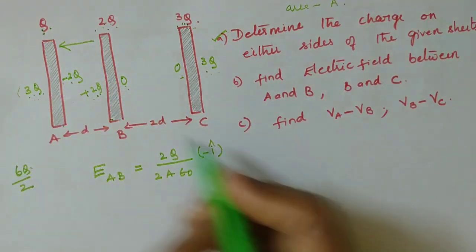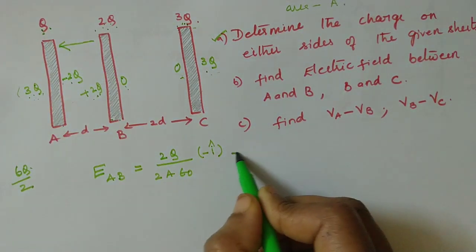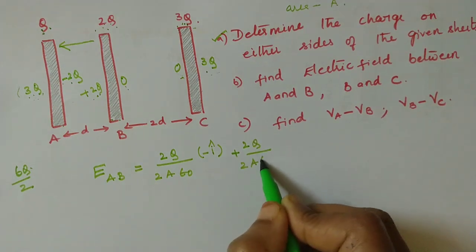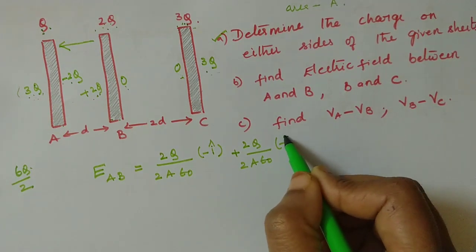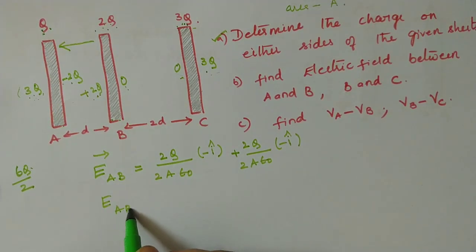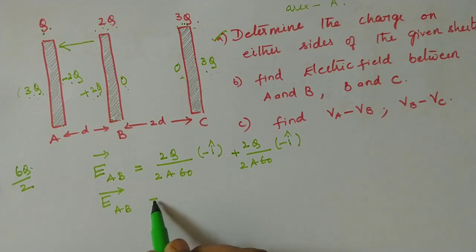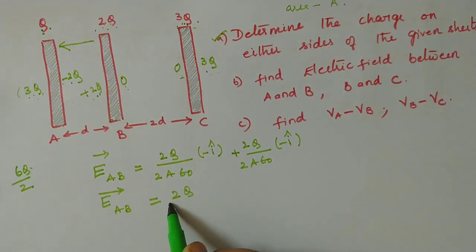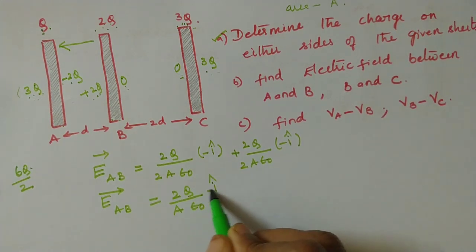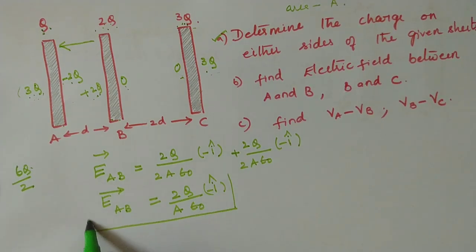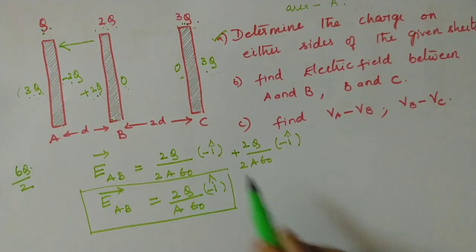Due to minus 2Q also it is in the same direction: plus 2Q by 2A epsilon naught, minus i cap. So the electric field between A and B, both being in minus i cap, is 4Q by 2A epsilon naught, which gives 2Q by A epsilon naught in the minus i cap direction.